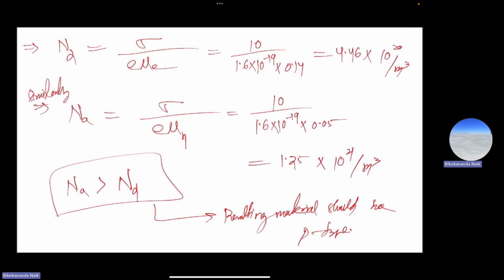So the conductivity will be e mu h, because of holes it is h, and the average hole concentration will be (Na minus Nd) by 2.